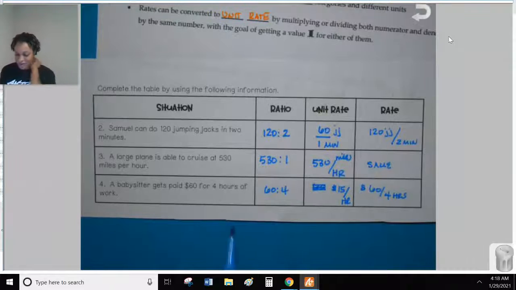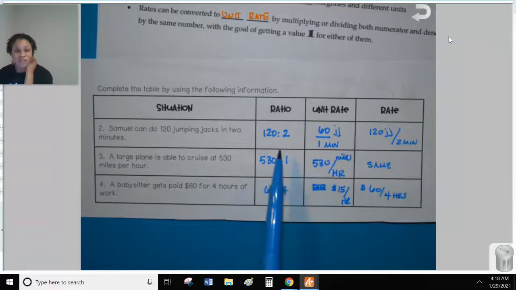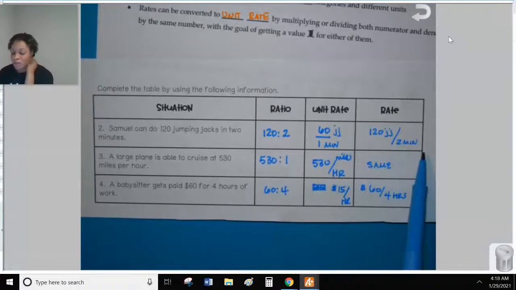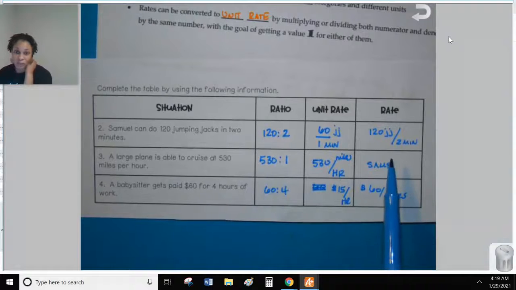Welcome back. Okay. So here we have Samuel's ratio is 120 to 2. We found that he can do 120 jumping jacks in 2 minutes, and the unit rate is he can do 60 in 1 minute. A large plane, the ratio is 530 to 1. They actually gave us the rate and the ratio.